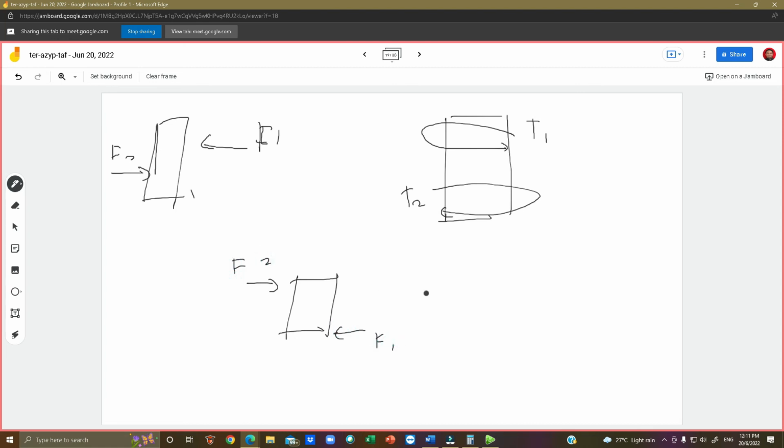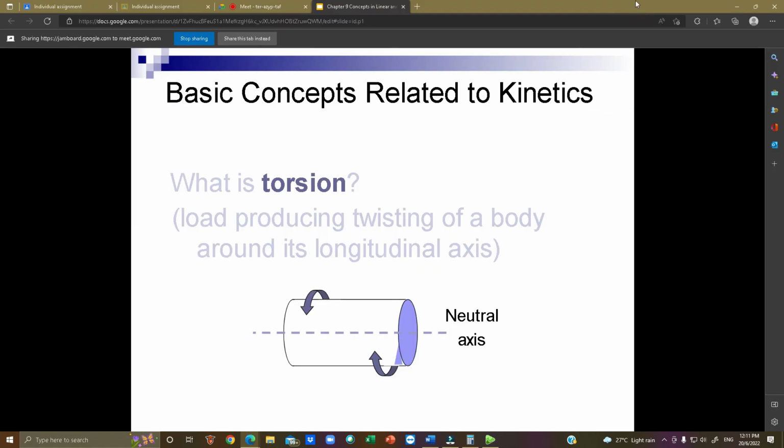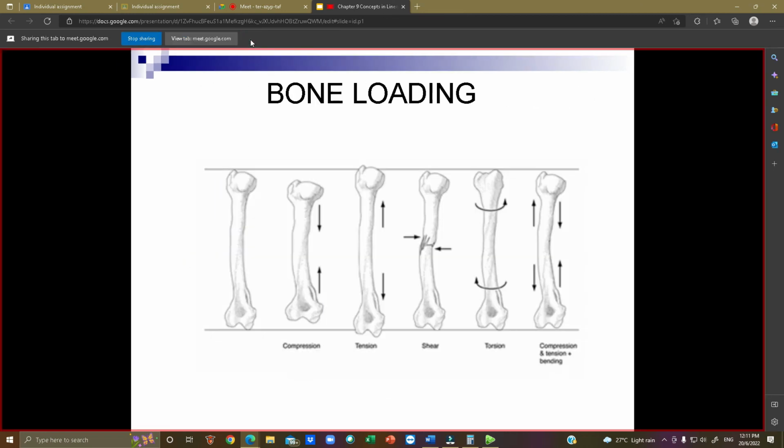Force 1, force 2, cause it to rotate. Now, this rotation, we give it twice. One to the right, one to the left. It causes a spiral fracture towards the system axially. Axial ni ikut dia punya angle lah, ni torsion. So torsion ni adalah antara form of force yang complicated.